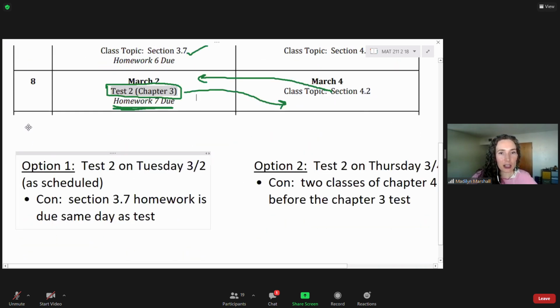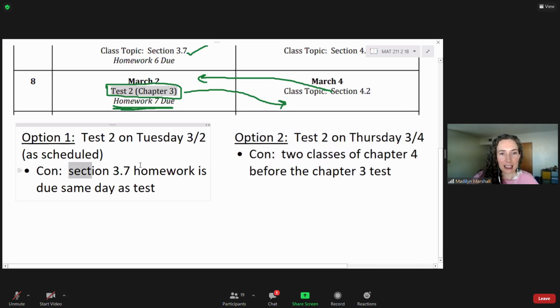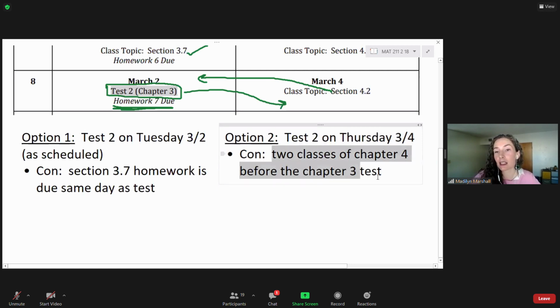Have test 2 on Tuesday the 2nd as scheduled, and the con is that the section 3.7 homework is due the same day as the test. Option 2 would be to have the test on Thursday the 4th, and the con is that we would have 2 classes of chapter 4 before the chapter 3 test, which sometimes I hear complaints about.